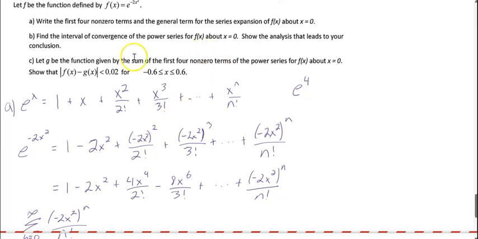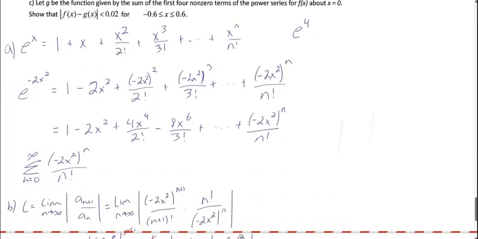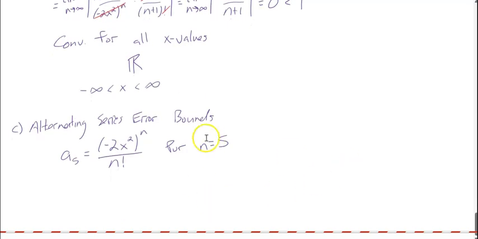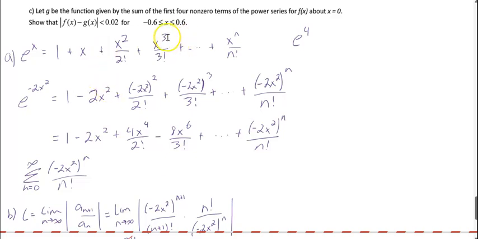Notice it said the first 4 non-zero terms. What do we do for alternating series error bound? We go to the next term. So what we need to do is find a sub 5, which is negative 2x squared to the n over n factorial, for n equals 4, because the fourth term here had a cubed up there.